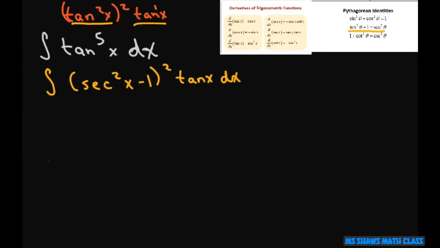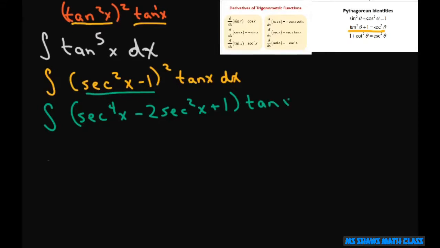Now I'm going to expand this here, and that's going to be secant to the fourth x minus 2 secant squared x plus 1. Then you multiply it by tan x dx.